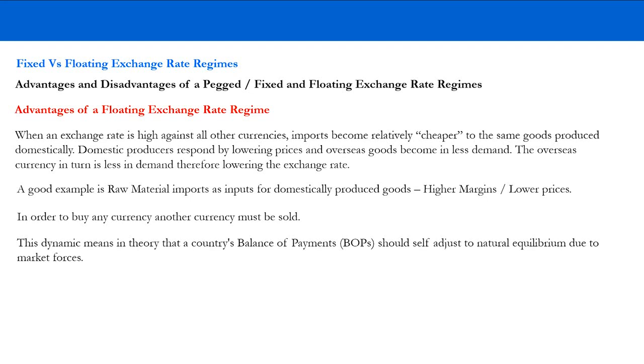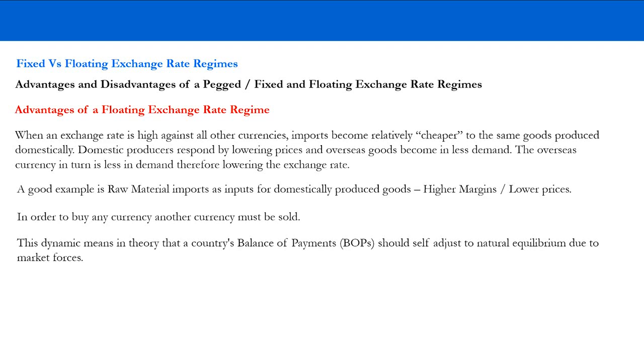The inputs that they require as raw materials to their produced good domestically become cheaper, and they get from their product higher margins and lower prices. So they get lower input prices, therefore they get a higher margin on their product if they sell it for the same price domestically.